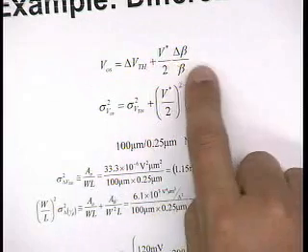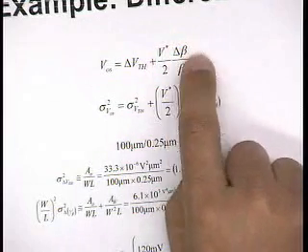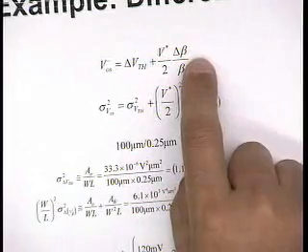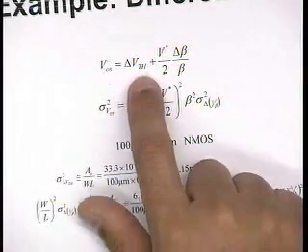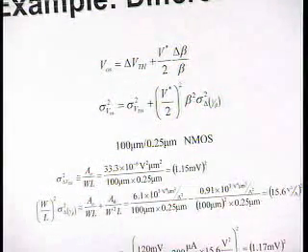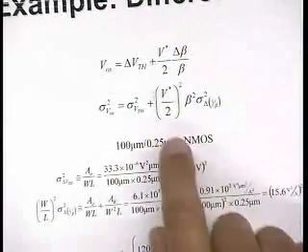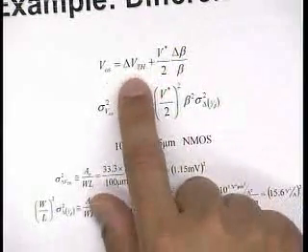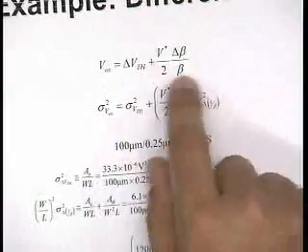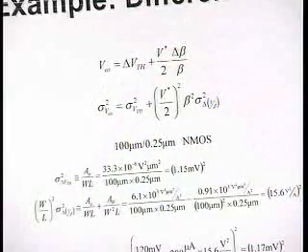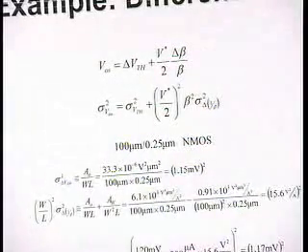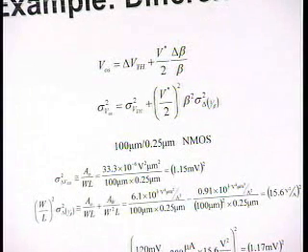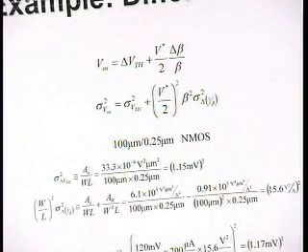The low value of V star minimizes the mismatch in beta. For V offset, threshold mismatch is already there. We can't do anything about that, so there's no bias dependence here. As a function of bias, I can try to minimize the second term. And again, plugging in some numbers, you find that for the diff pair, you're looking at about 1 millivolt offset voltage for the same geometry transistor.